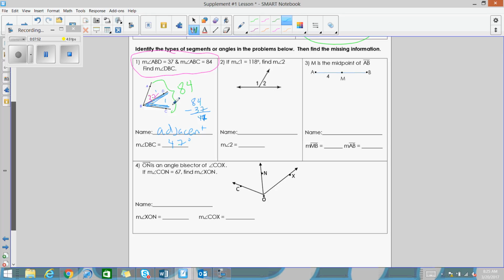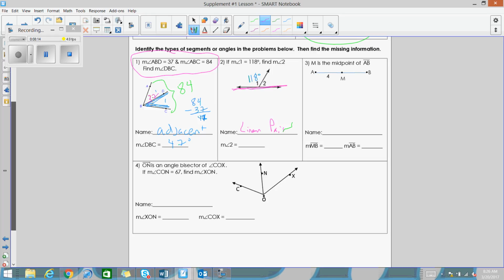Now, number 2 says that the measure of angle 1 is 118, and it says find the measure of angle 2. Well, they only give us this, so this is 118 degrees. What you have to do is look and say, hey, 1 and 2 are adjacent. They form this line, which means this is a linear pair.